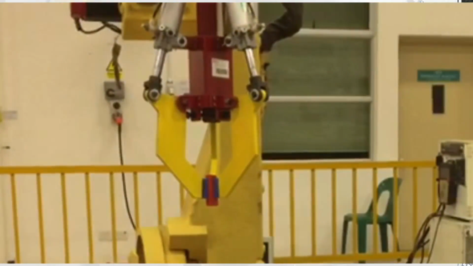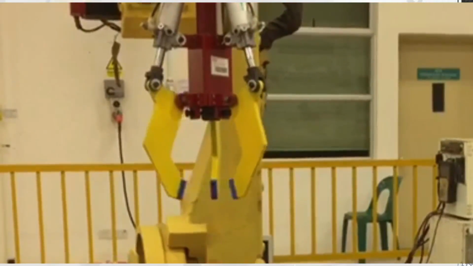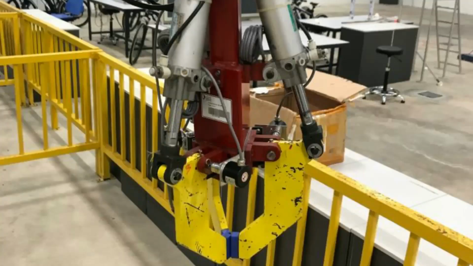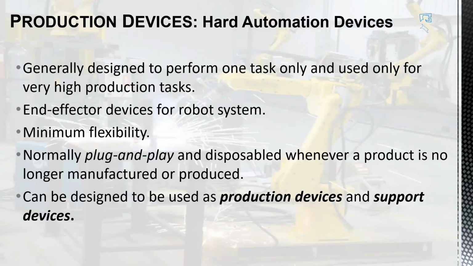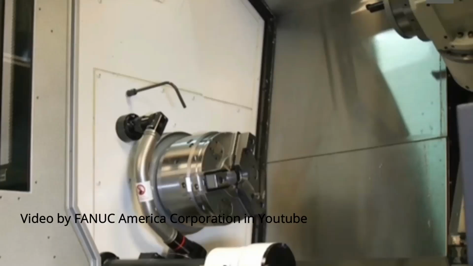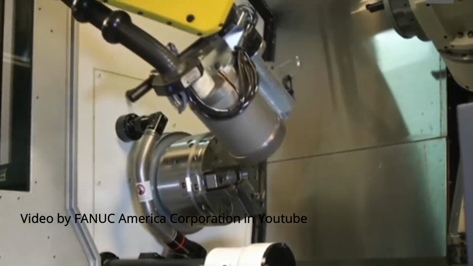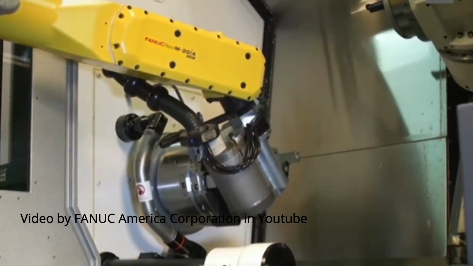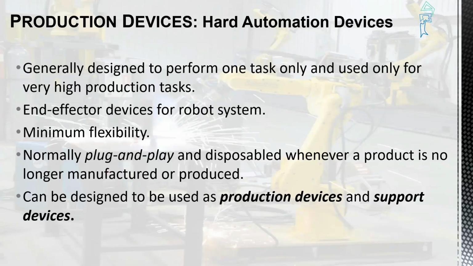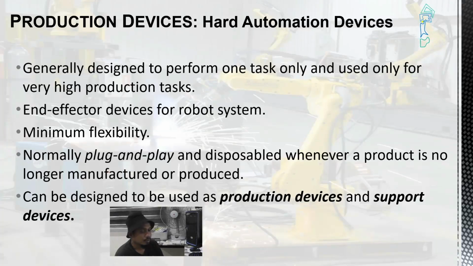In the case of the robots, the tool is always configured at the end effector of the robot, and has very minimum flexibility, of course, because it's a tool. Okay, and it's normally plug and play, because it's a kind of disposable device, and can be recycled as a support device.